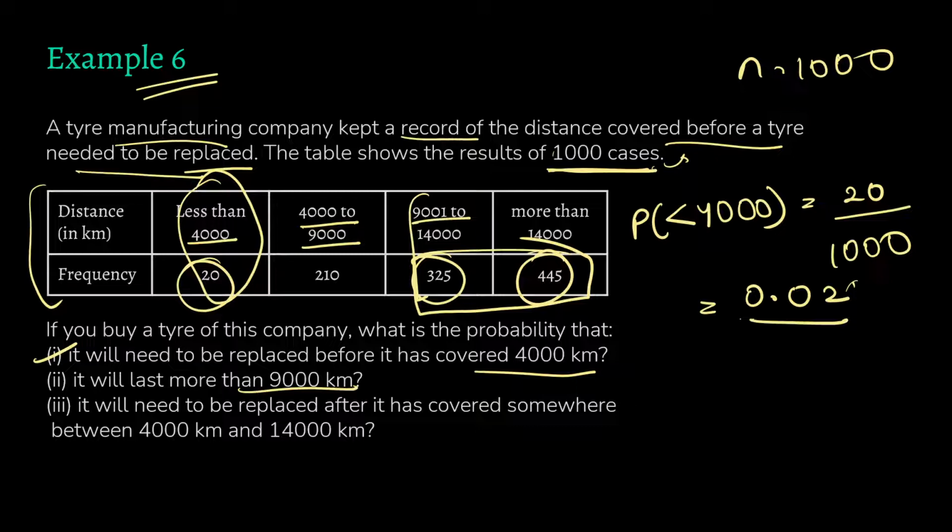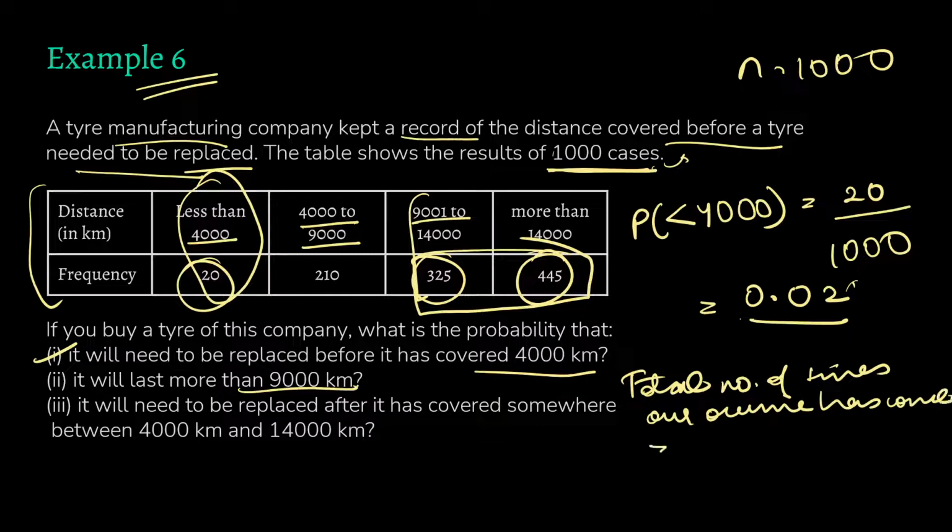So we can add these up. So the total number of times our outcome has come in this case is equal to 325 plus 445, and when we add it up, we get 770, right?